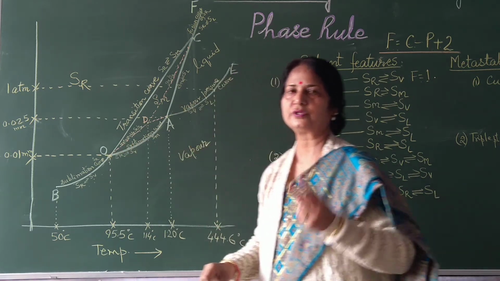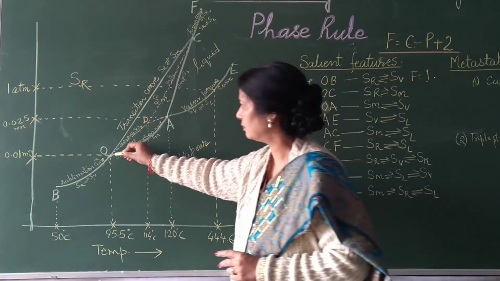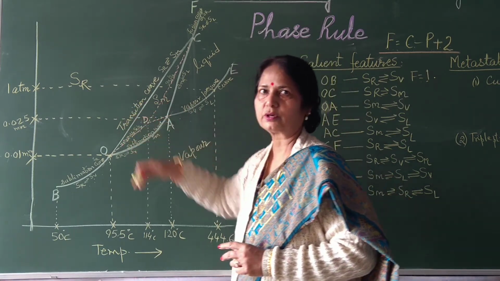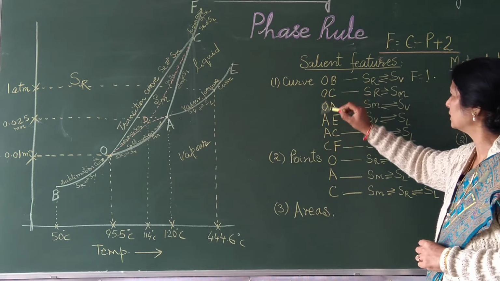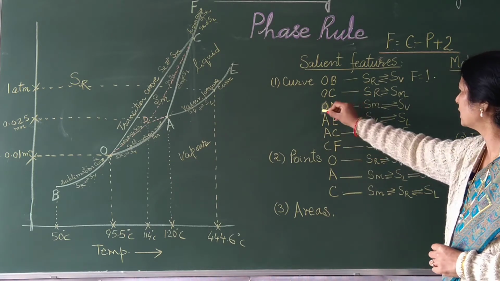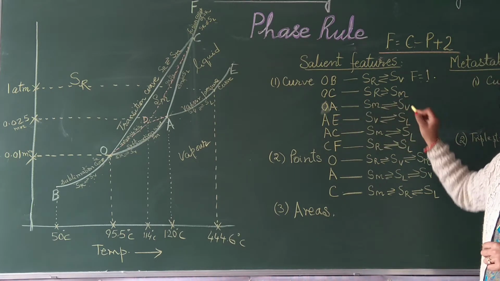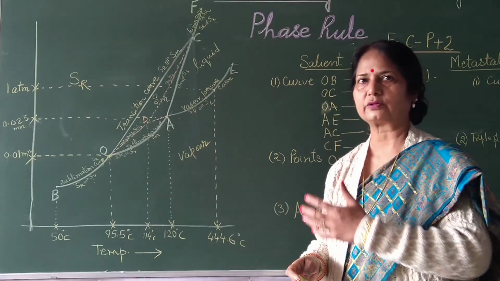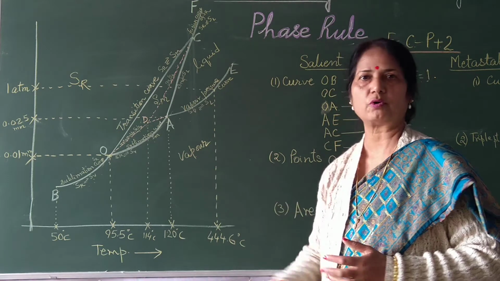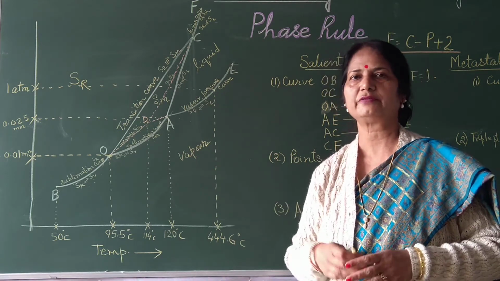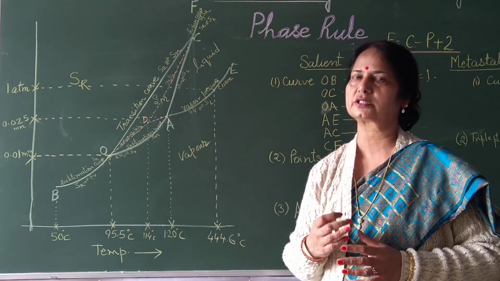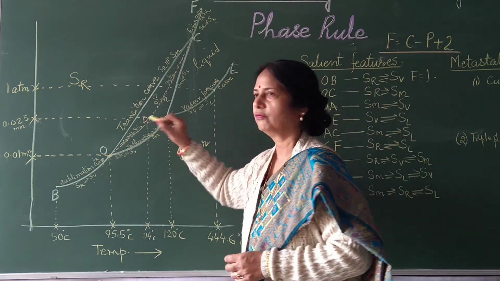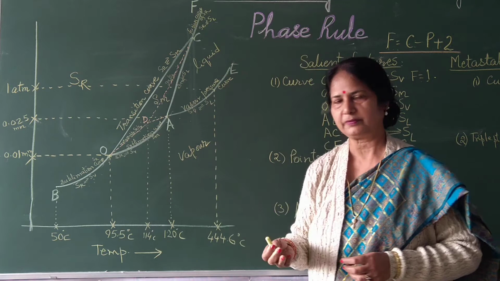The two phases in equilibrium along this curve are the vapor phase and the monoclinic phase, Sm and Sv, which I have written here. Just as we calculated the degree of freedom for OB, here also the degree of freedom comes out to be 1. This means that the system is monovariant along the curve OA. If we fix one variable, the other variable will be fixed.